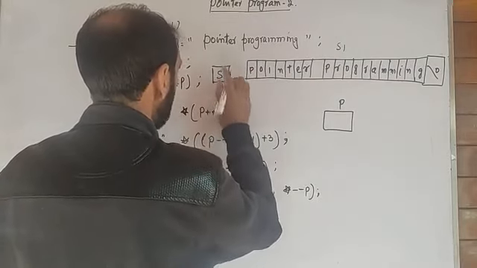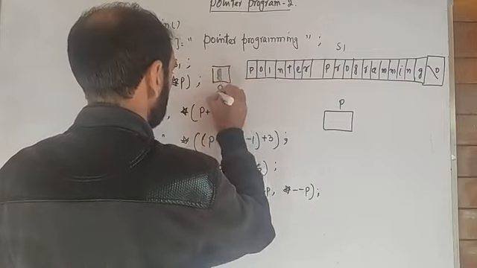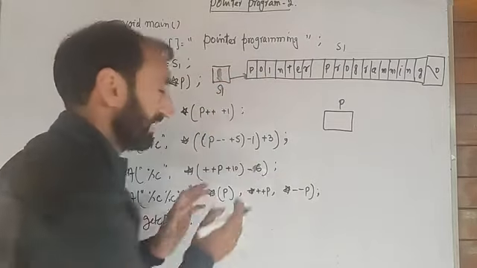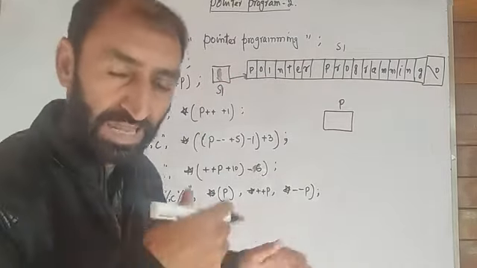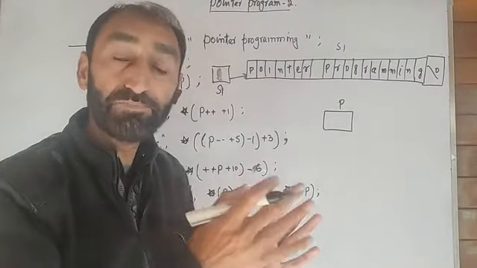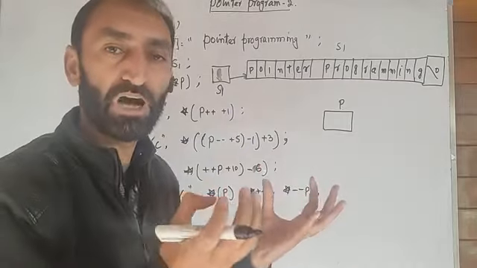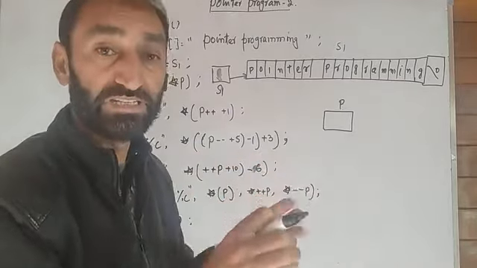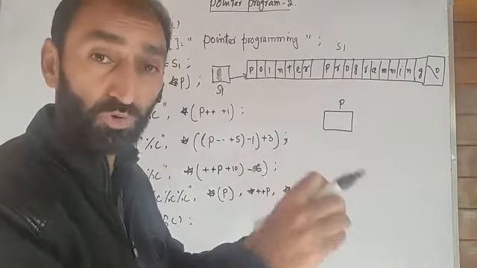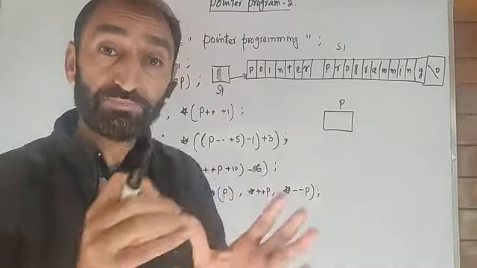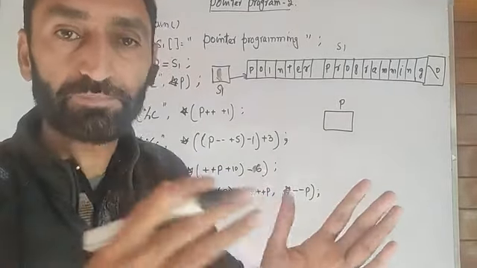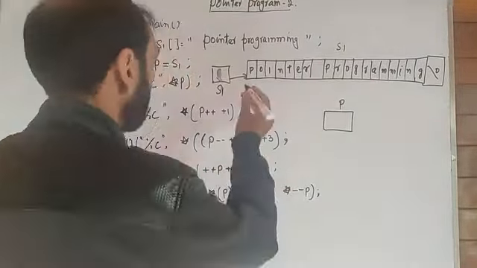S1 is the name of the array, and the name of the array contains the base address of the array. We have already discussed in the previous video that the name of the array itself is a pointer, an internal pointer that contains the base address of the array, that means the address of the first byte of the array.